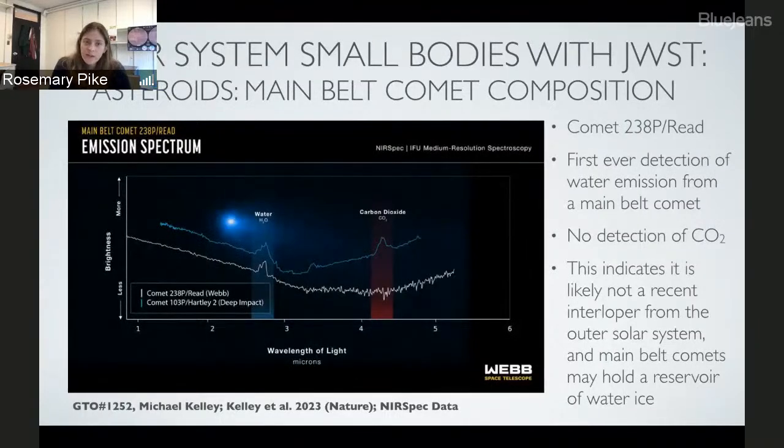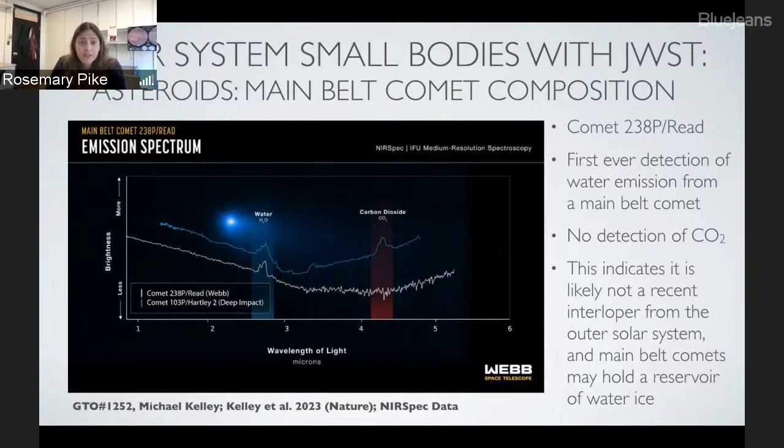So as we move a little bit outward into the main asteroid belt, this is a main belt comet. Main belt comets are really unusual. When we think about cometary activity, it's typically objects coming from the outer solar system, which possess lots of volatiles, and as they get heated by the sun, everything sublimates, and that causes these beautiful tails.